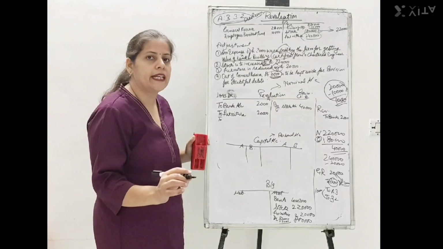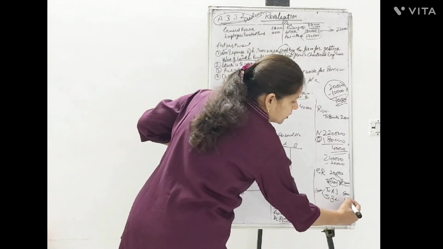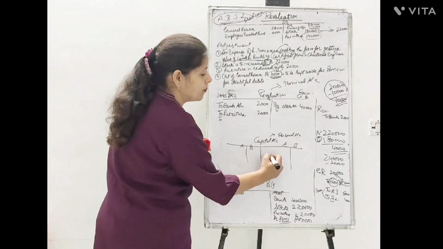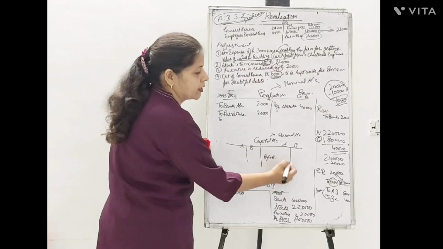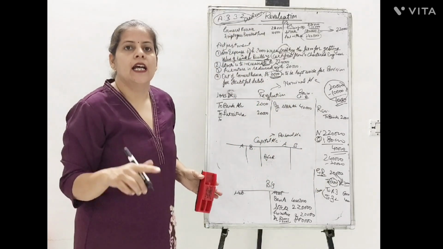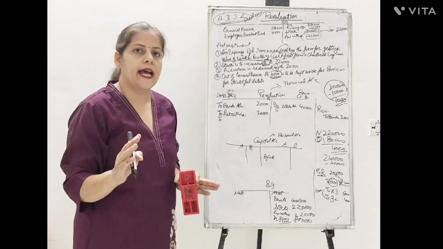Now this 10,000 goes to the old partners in the old profit sharing ratio. So 10,000 into 3 by 5 gives you 6,000 for A and 4,000 for B. In A's and B's capital accounts, by general reserve, because general reserve carries which balance? Credit. Now we want to distribute it, so it would be debited.